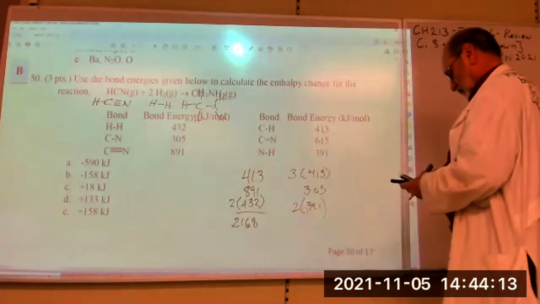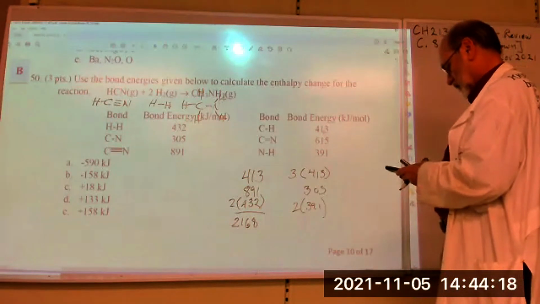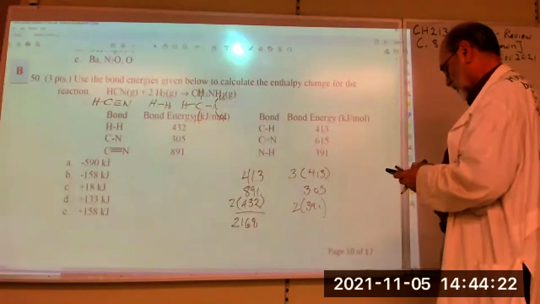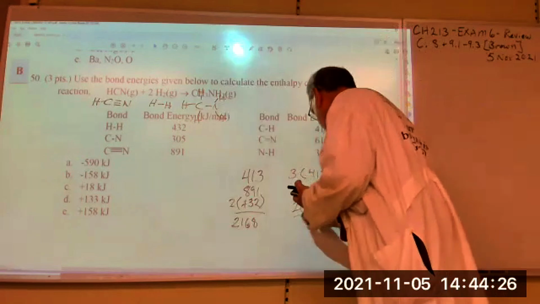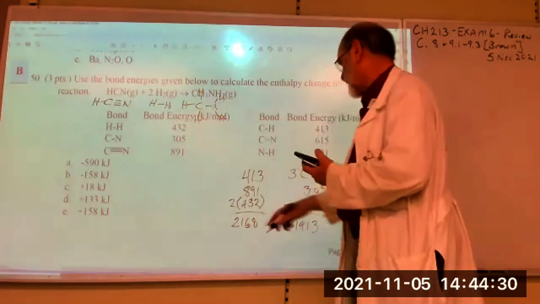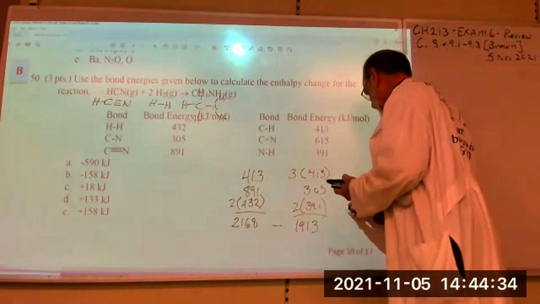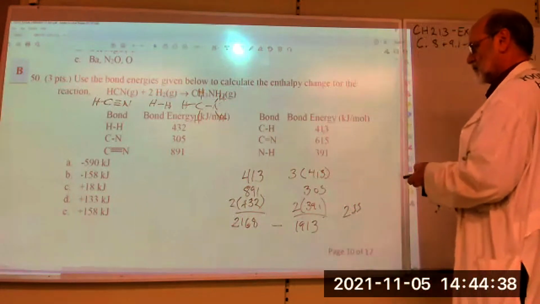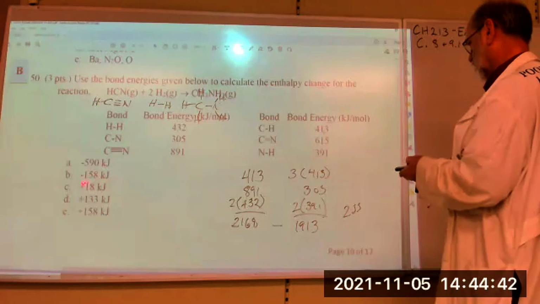Okay. 413, 2 times that one, 305, add together, and 391 times 2, and add that one in. 1913. We'll subtract this one from that one, and we get 255. But, uh-oh, what did I do wrong?